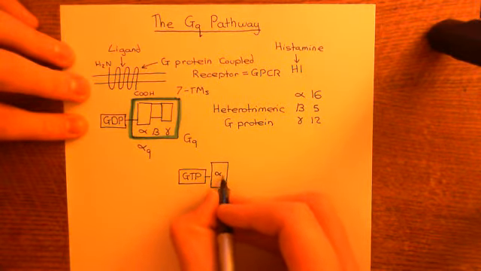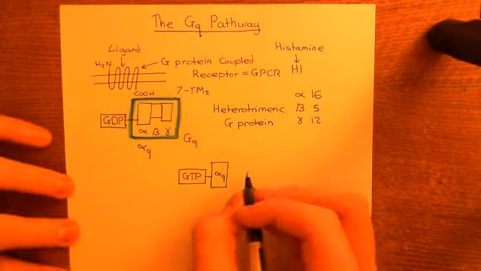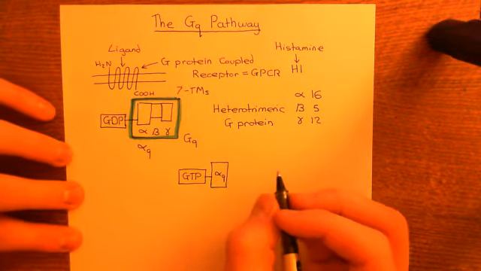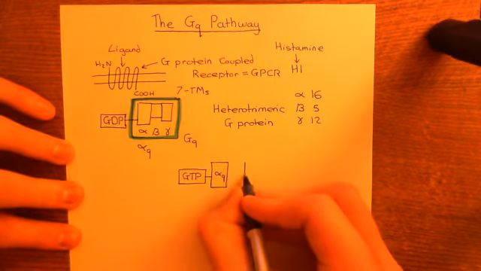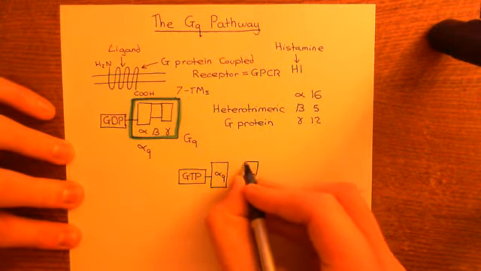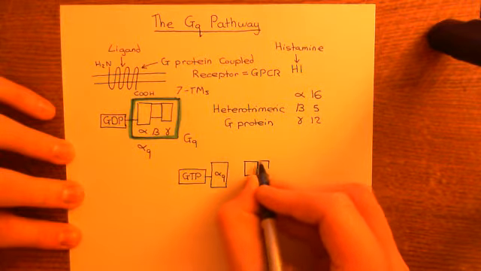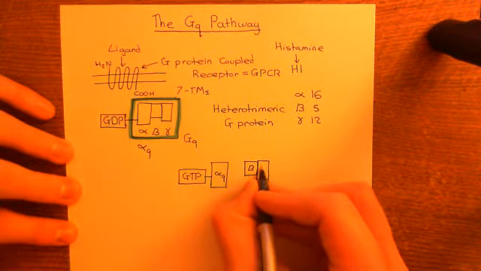Once the alpha Q subunit has guanosine triphosphate bound to it, it no longer wants to associate with the beta and the gamma subunit, so they break off. They stay bound to one another, but they're no longer bound to the alpha Q subunit, and this is the on state of the heterotrimeric G protein.